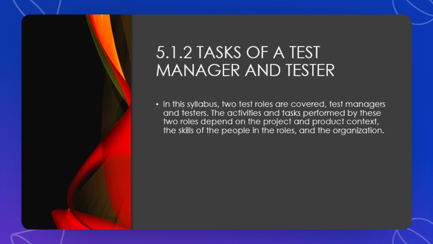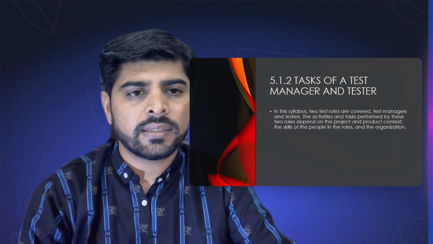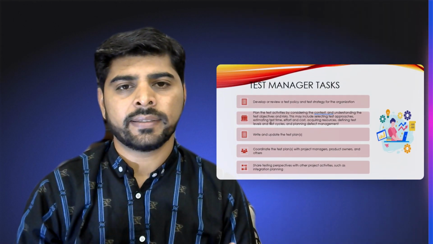The activities and tasks performed by these roles depend on the project and product context. It depends on what type of project it is and what type of product they are testing. There can be an e-commerce application or a safety critical application. It also depends on the skills of the people in the role and the organization.